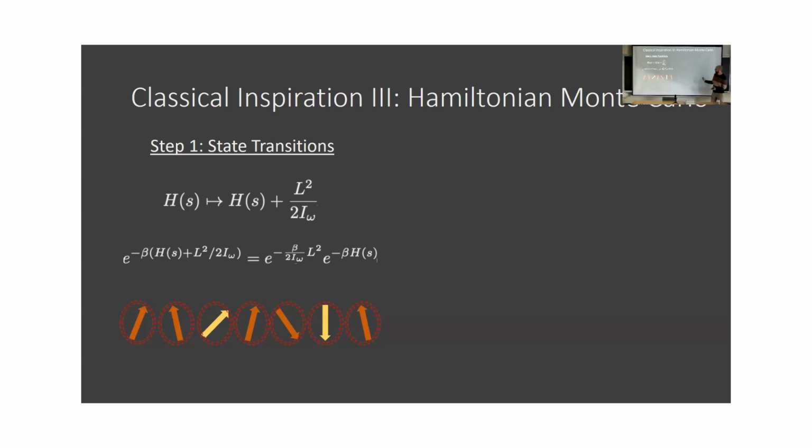You split your Boltzmann distribution over the entire Hamiltonian into your angular momentum and your potential, or spin-dependent, energy. And this is now just a Gaussian random variable. So at each sample step, you can just sample a Gaussian, time evolve, and then get your new sample.